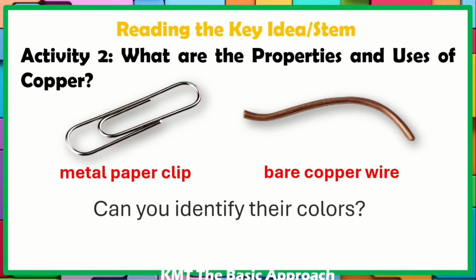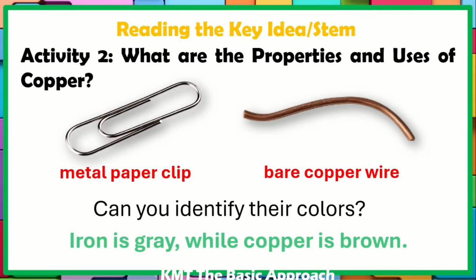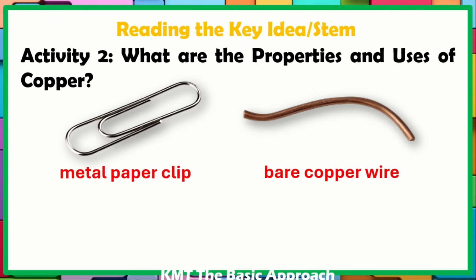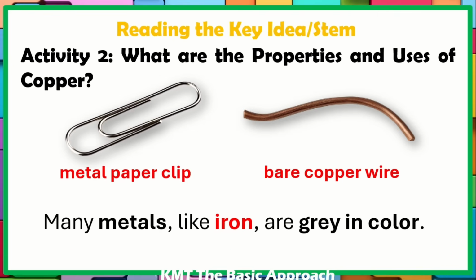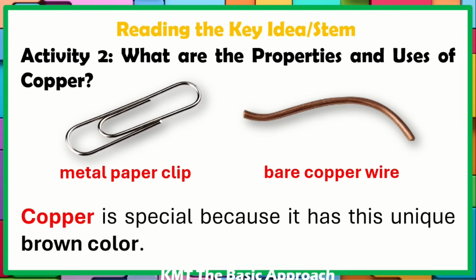Going back, can you identify their colors? Good job! Iron is gray, while copper is brown. Many metals like iron are gray in color. Copper is special because it has this unique brown color.